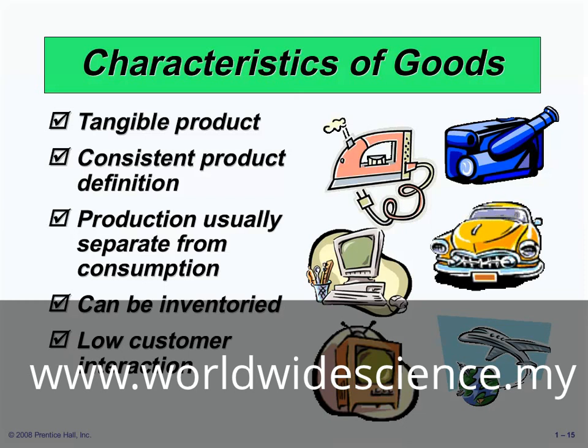But definition of services may change. Consistent product definition means that goods have a stable definition. It doesn't change, but the definition for service may change as years pass.